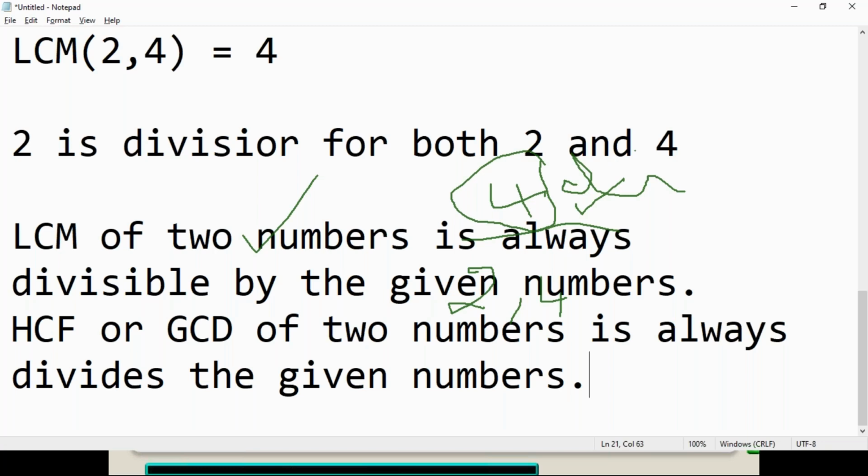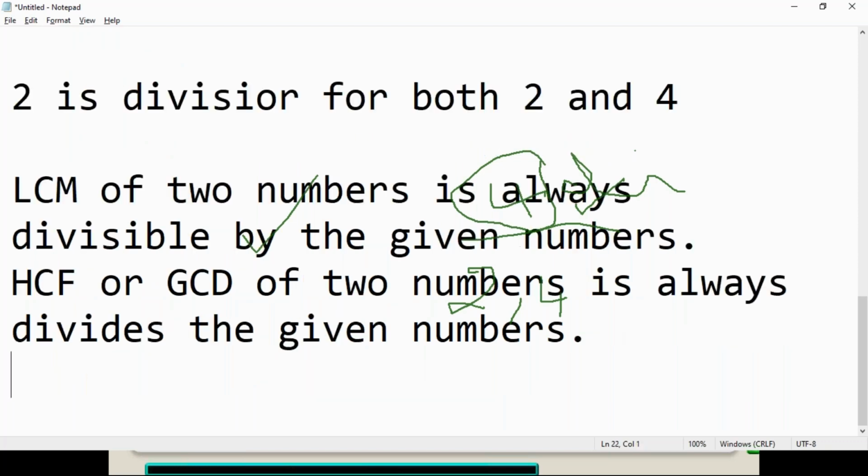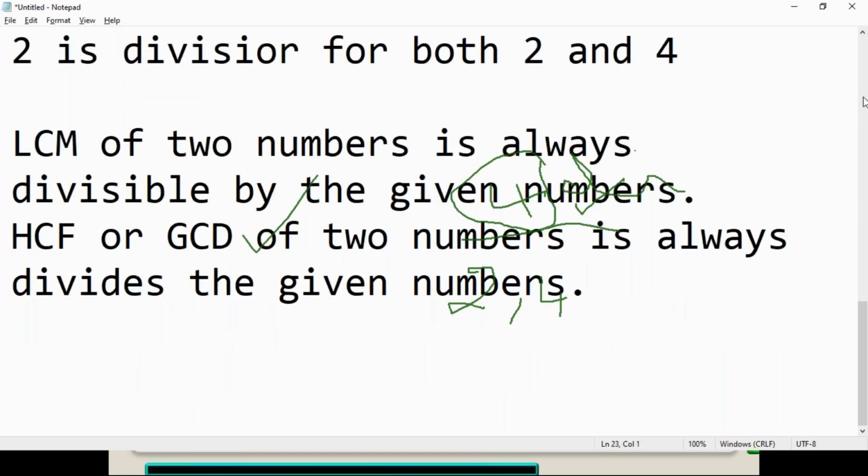Divisible by means LCM, divides means GCD. Divides means GCD.